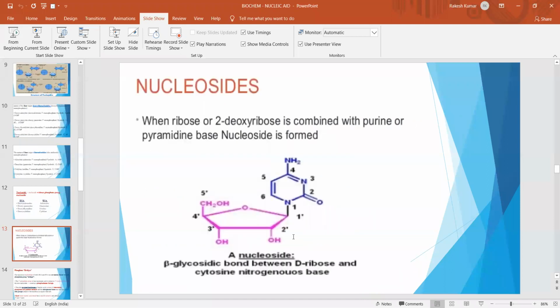Here you can see a simple structure of nucleosides, which contains only sugar, that is ribose, attached to nitrogenous base. Here you can see a beta glycosidic bond between D-ribose and cytosine nitrogenous base.